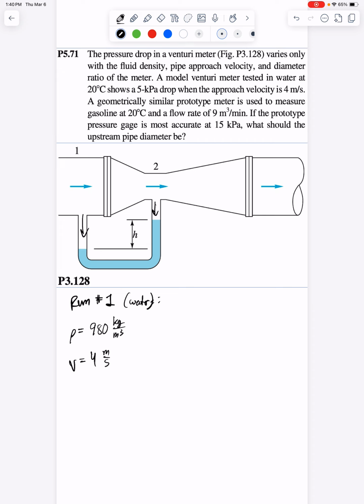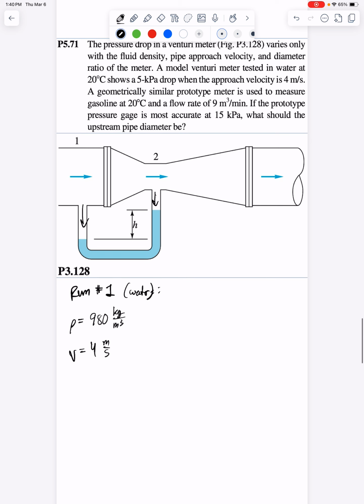And we're also given the pressure drop, which is based on the manometer. The manometer gives the delta P once you solve for it. But delta P is shown to be a 5 kilopascal pressure drop based on this fluid flow.